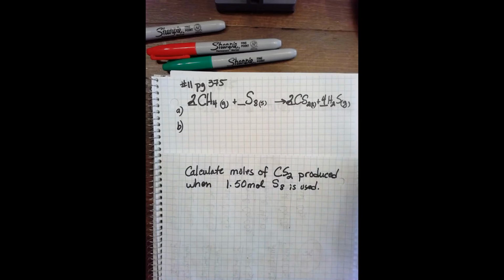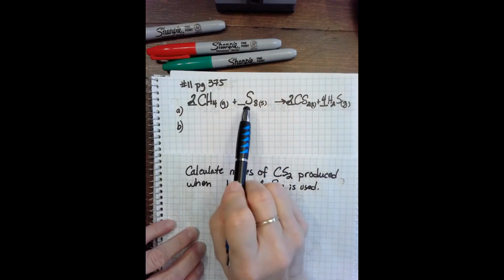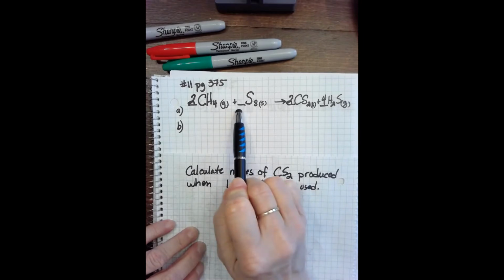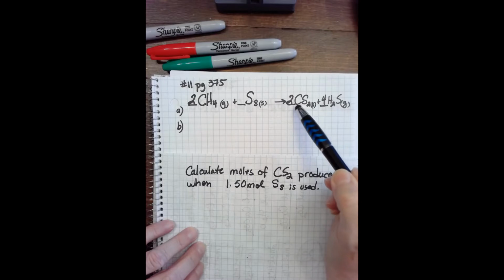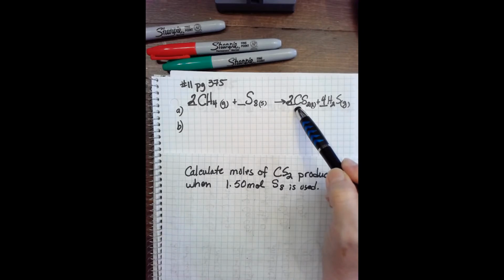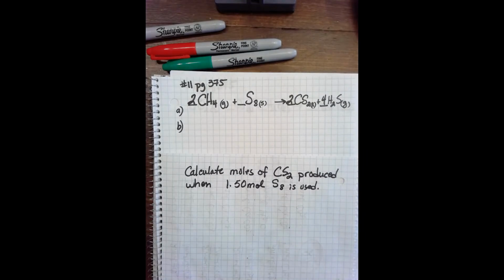The balanced equation tells us that when we use 1 mole of sulfur, we produce 2 moles of carbon disulfide. And you might already be thinking that you know what the answer is, and that's fantastic. But what we have to do here is set it up so that our words work out.